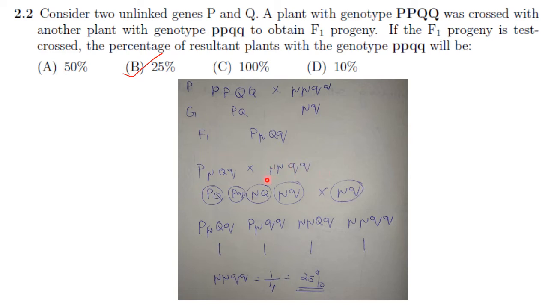Test cross is nothing but crossing with the recessive parent, and you will get progeny in the ratio 1:1:1:1. So they have asked for the percentage of the resultant plants with the genotype PPQQ. Out of these 4 progeny, you have only 1. So 1/4, that is 25%. So answer is option B, 25%.